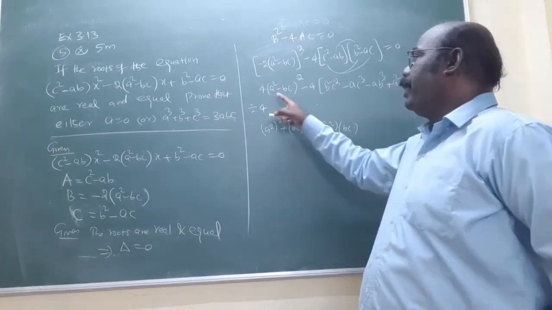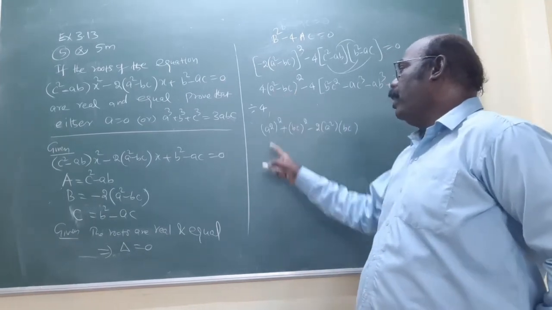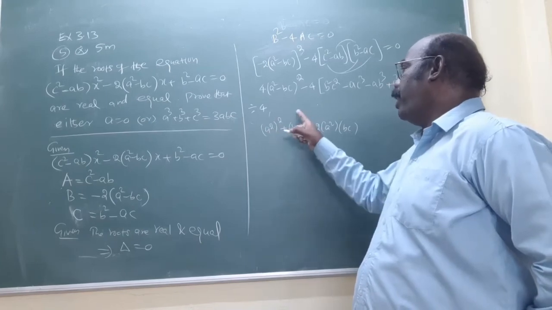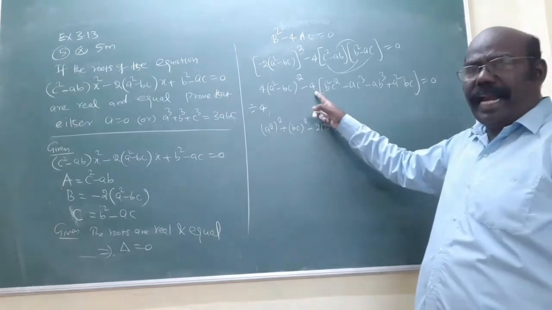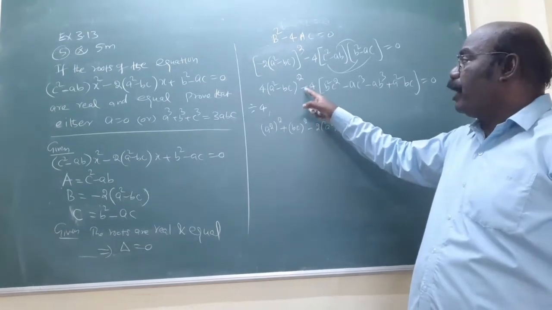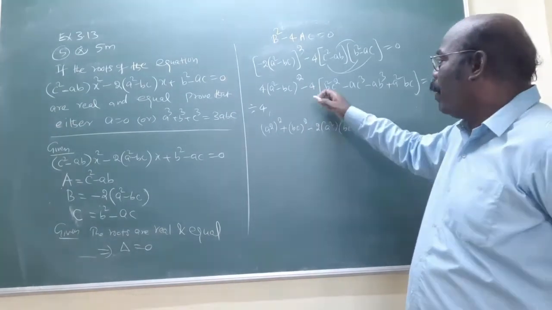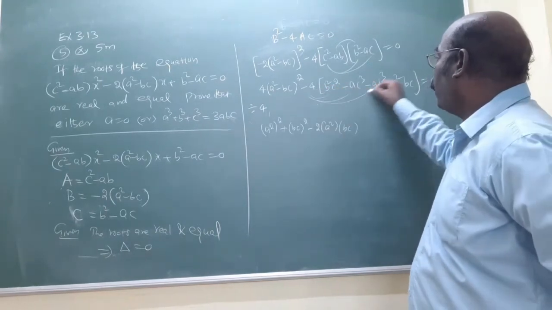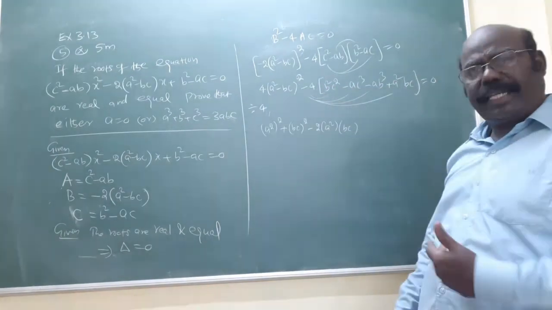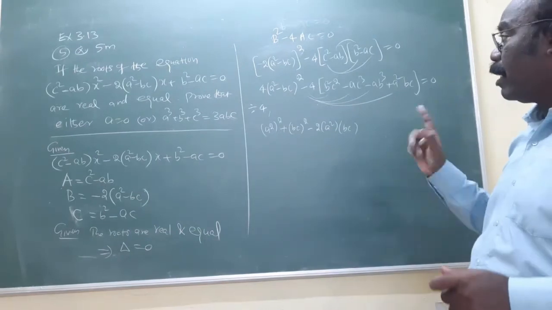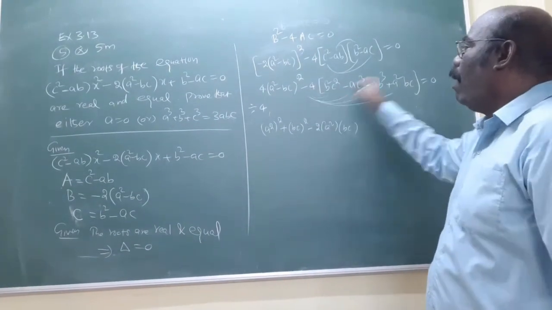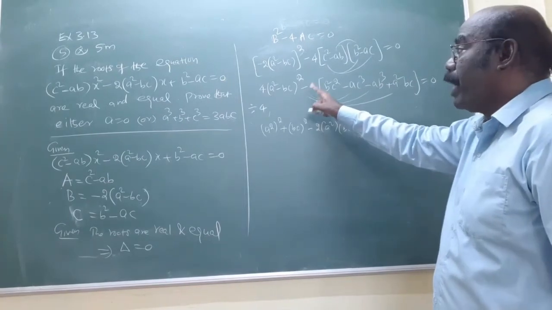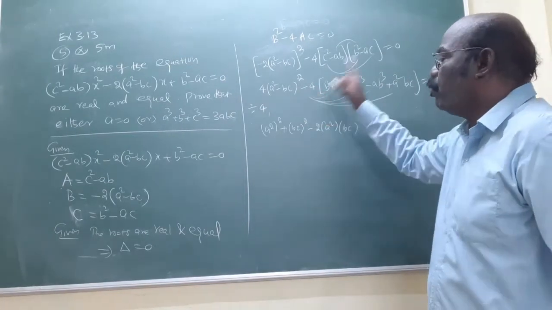That's first term square plus second term square minus 2 into first term into second. Already 4 is cancelled. Divided by 4 means 4 cancelled. Only the minus is there. This minus is multiplied with all the terms. That's very important.